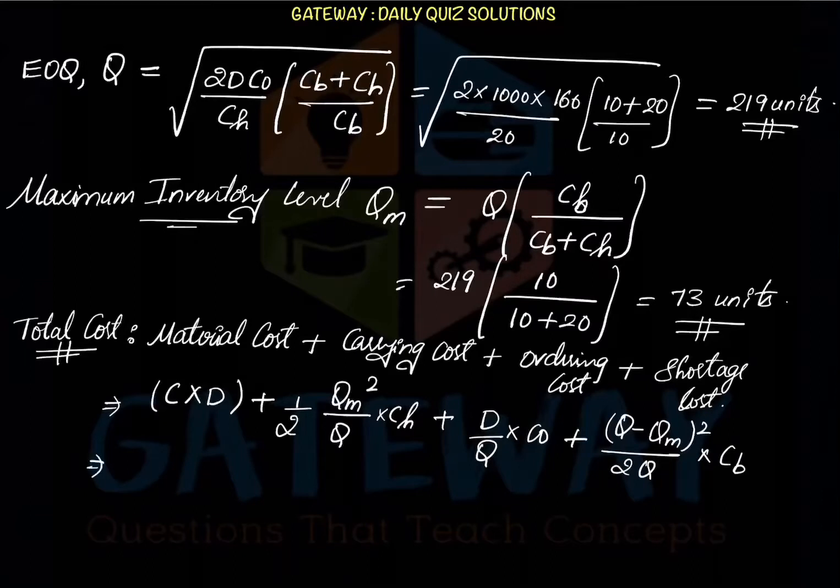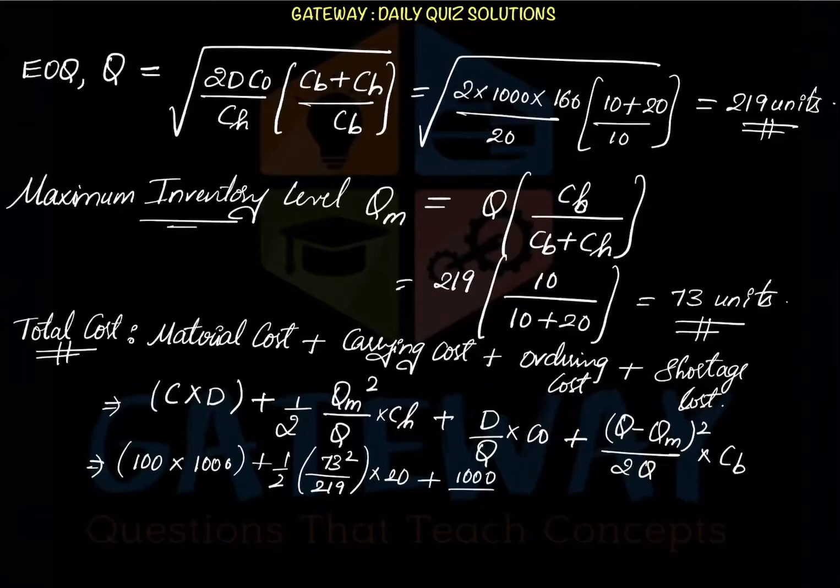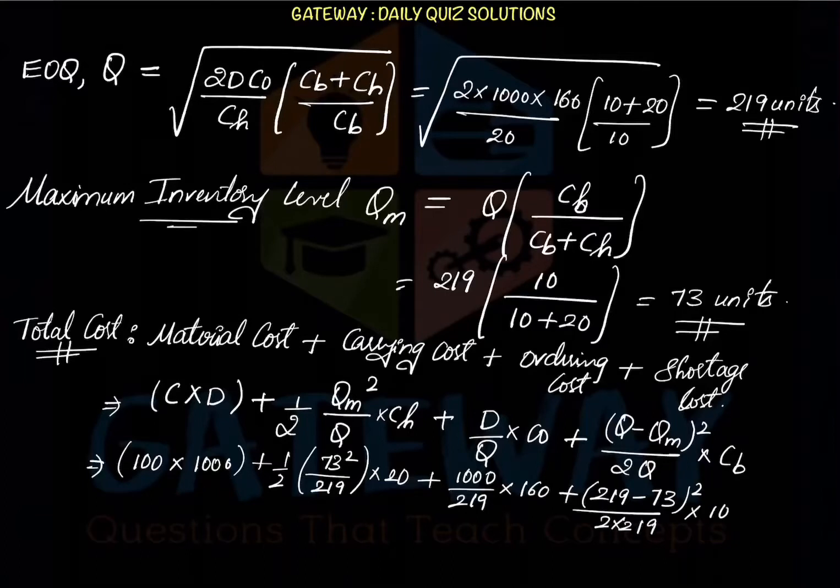So once we substitute all the values, C was given in the question as 100 into the demand was 1000, plus half into the QM we calculated, 73 square upon the Q 219 into the holding cost, which was given as 20, plus D was 1000 upon 219 into the ordering cost, again given in the question as 160, plus Q, just now we calculated EOQ 219, minus the maximum inventory 73, whole square upon again 2 into 219 into the back order cost, which was given as 10.